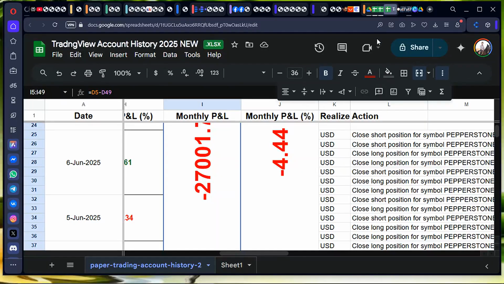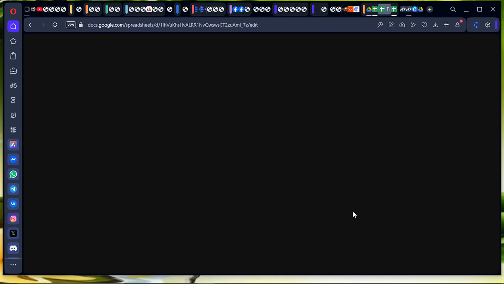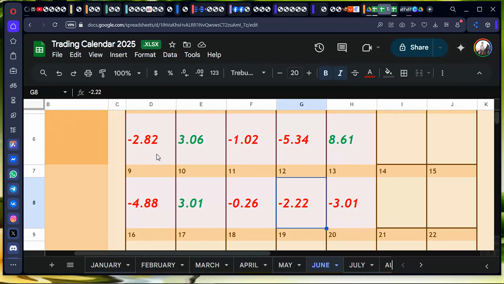Not a particularly good one in that sense. It was a loss, as you can see from this calendar. Just a day of green and 4 days of red, as opposed to last week we had 2 sizable days of green and 3 days of losses, but they were fairly controlled.